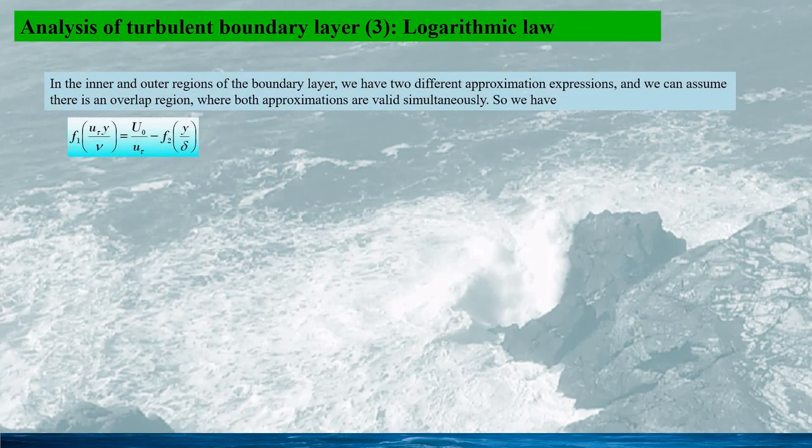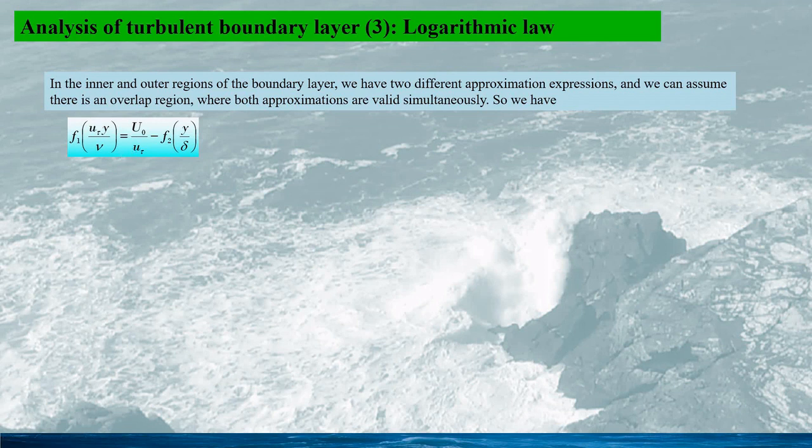In seeking the solution for the boundary layer, we can assume in a certain region within the boundary layer, these two functions, f1 and f2, are both valid for approximation of the boundary layer. So, we could formulate the equation as this.